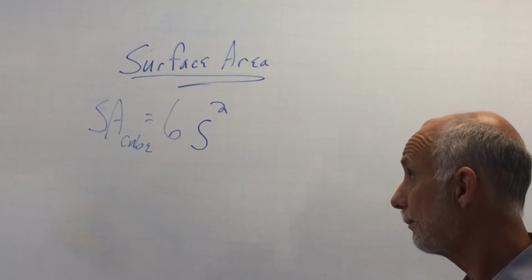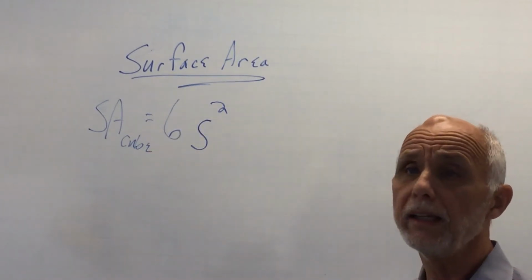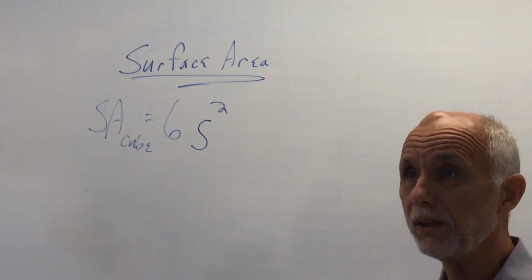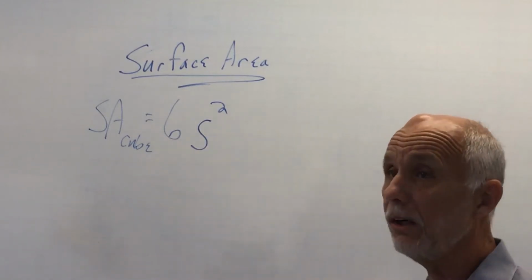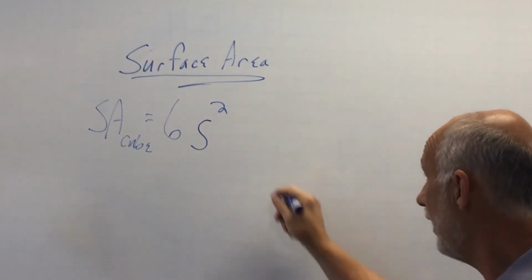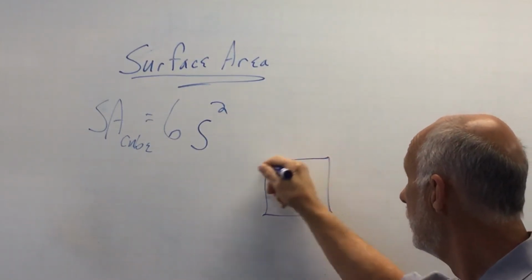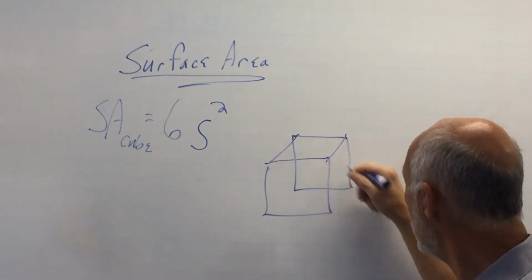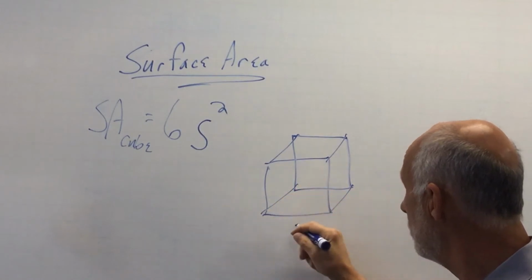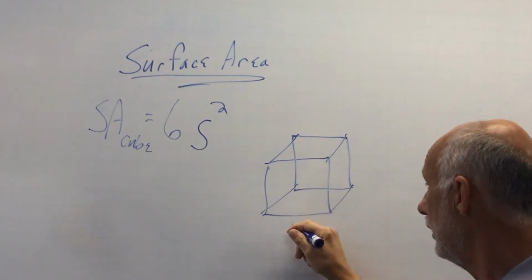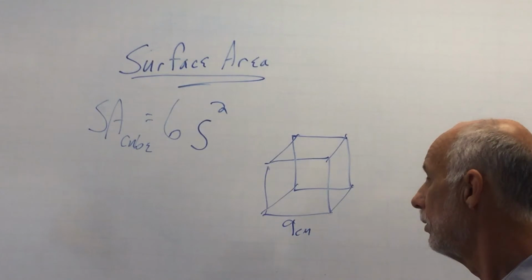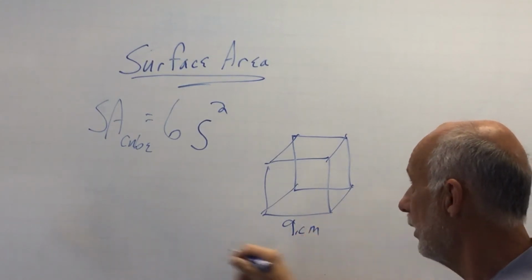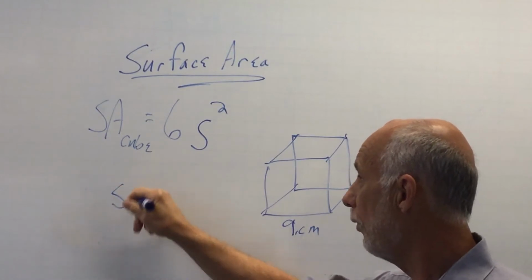And again, that's very important that you know the formula. You don't really need to know where the formula came from, but you do need to know the formula. So if I had a cube, and I said that the side of the cube were, I don't know, maybe 9 centimeters, then I could find the surface area by using the formula.